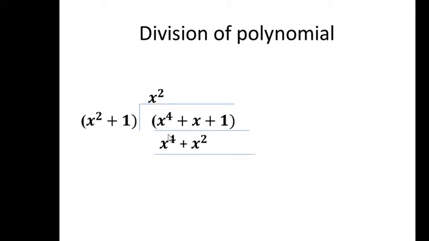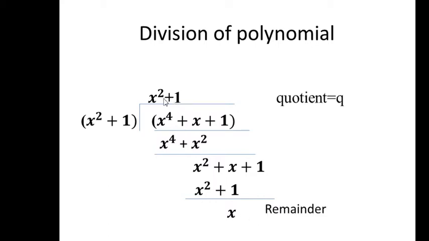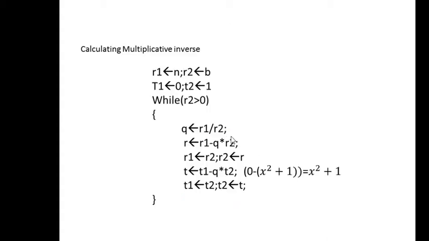Now when we ignore minus and positive signs, the remaining is x square plus x plus 1. Again we multiply x square plus 1 one time, so you get x square plus 1. The remainder is x and the quotient is x square plus 1. So we use this remainder and quotient in solving the problem.